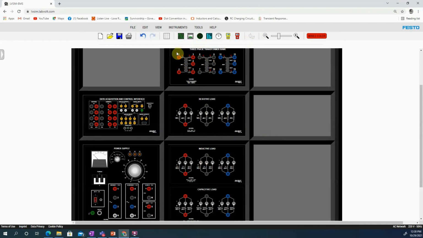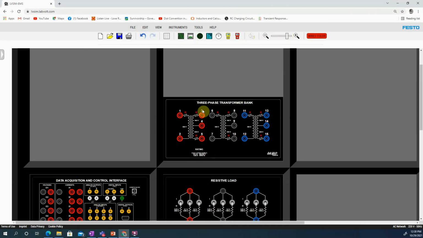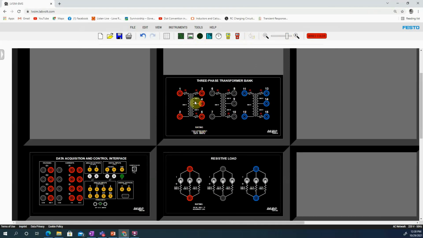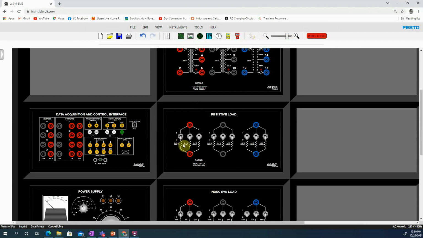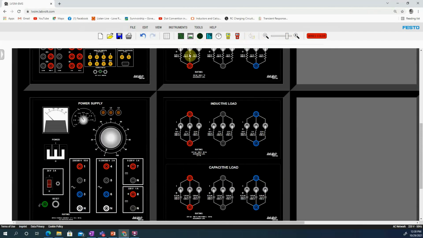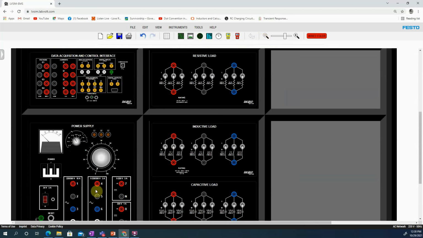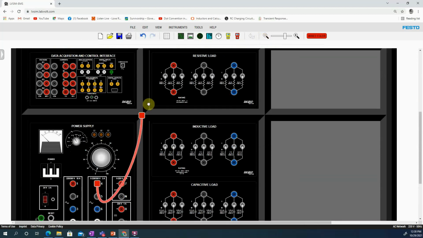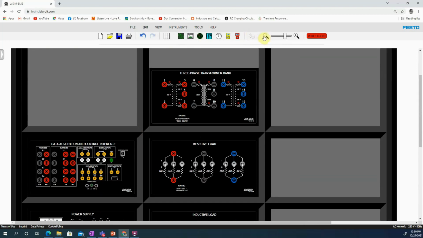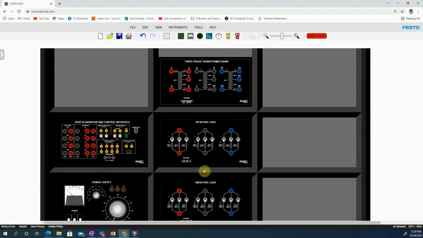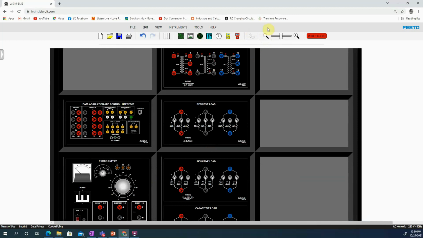dot of this transformer. This is a 3-phase transformer here, but we are going to use only one of them, right? So we are going to provide 380 source voltage. Source is 380.